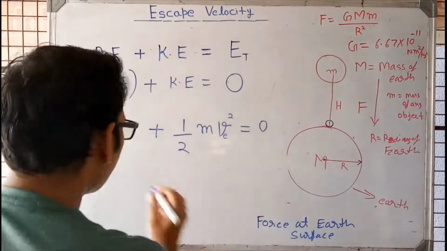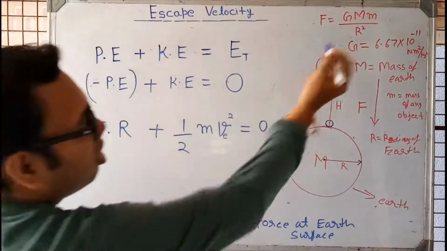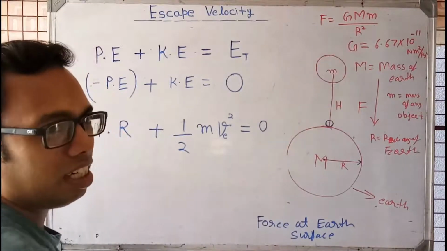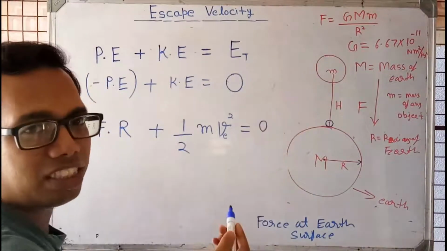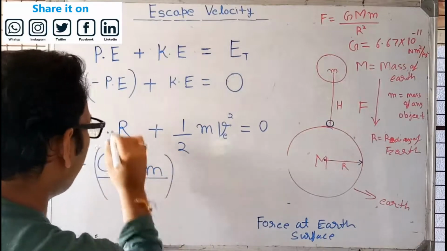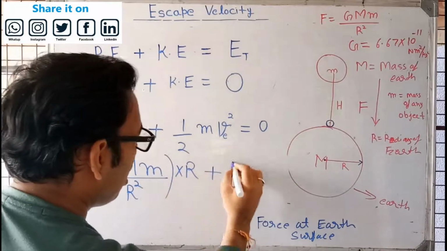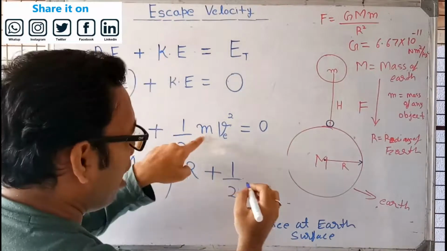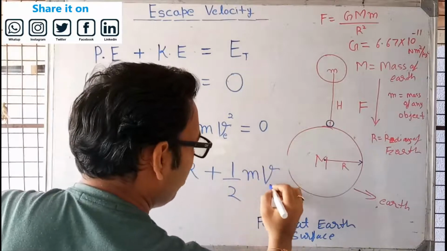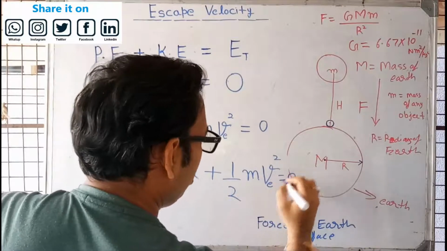Now the force: you can take the force from equation 1, the gravitational force of the earth, G M m divided by R squared, multiplied by capital R, plus half m, the mass of the small object, times its escape velocity squared. This becomes 0.